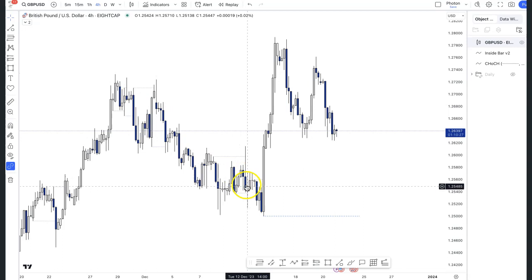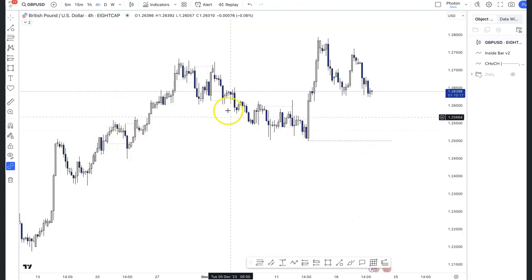So for me, this is a piece of the price leg that I'm really interested in. So I see that price has been making higher highs, higher lows.